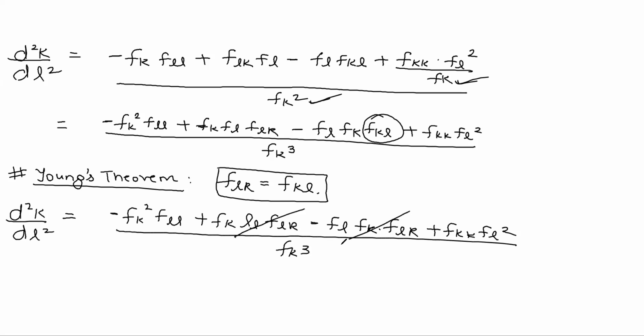Now this and this cancel out. So my d square k by dl square has finally come out as FKK FL square, or one minute, there's a small mistake we have made.